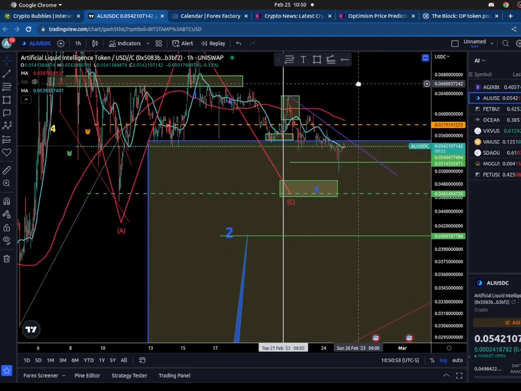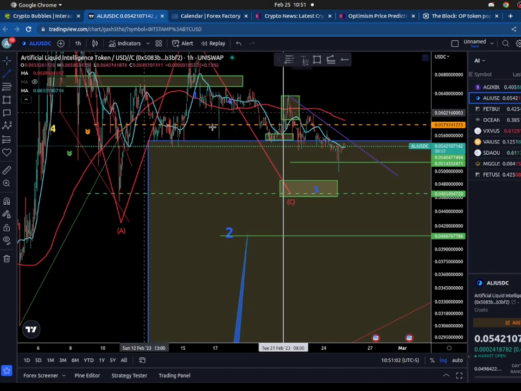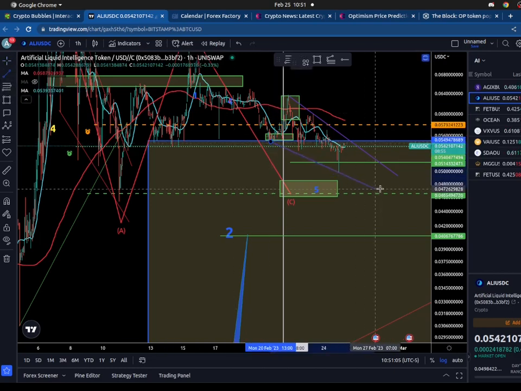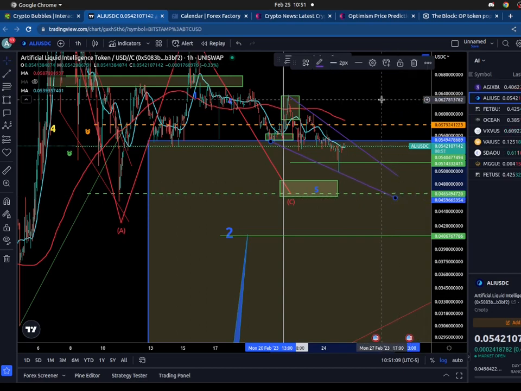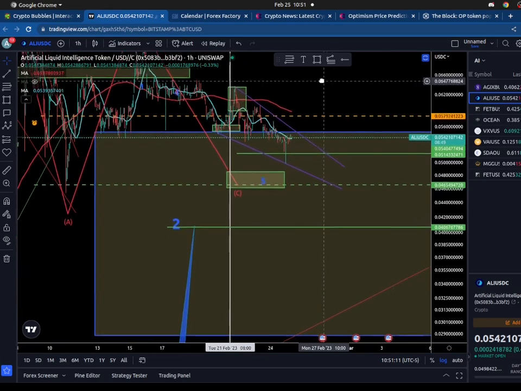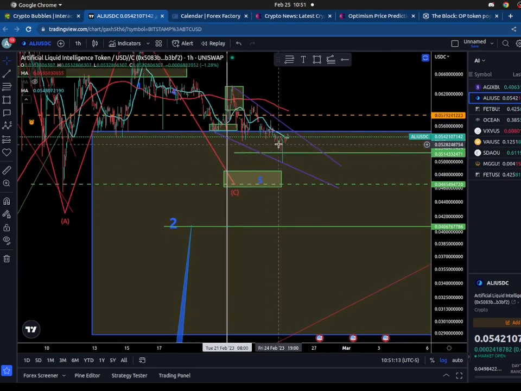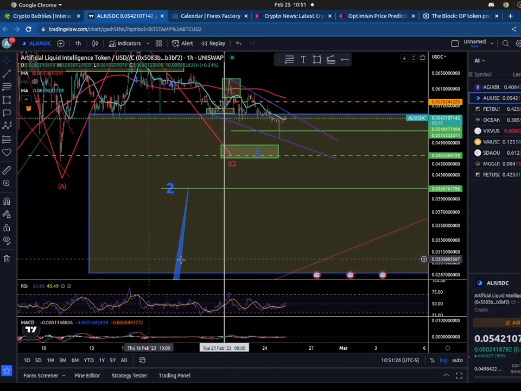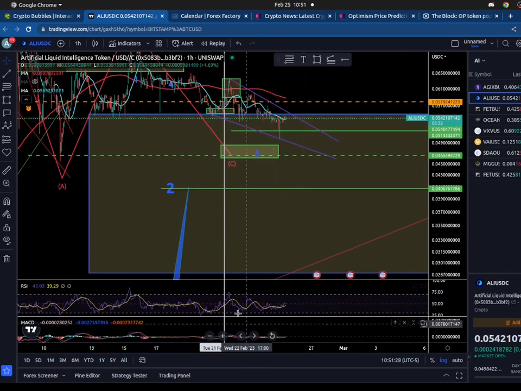And I think we can do the same maybe here. Alright, so now I'm going to check how it reacts with those two trend lines. As you can see, it kind of reacts a little bit on these trend lines, so I will see more in detail during the day and during the weekend.